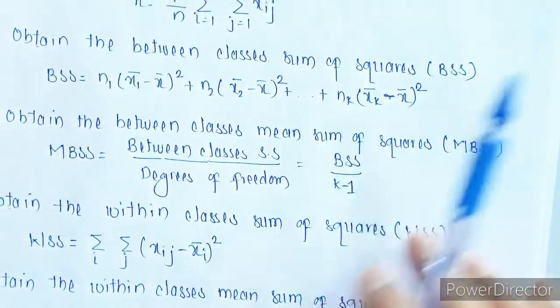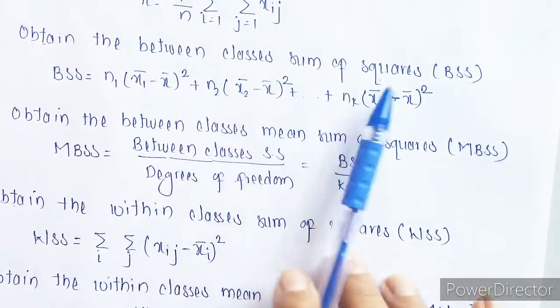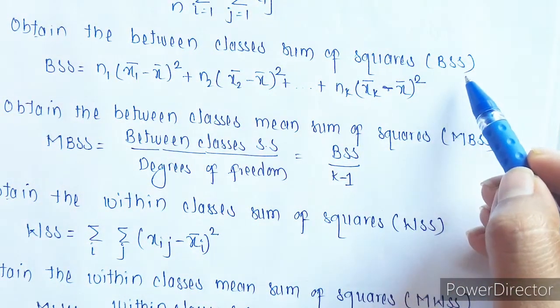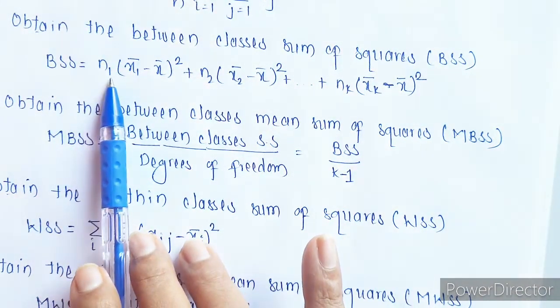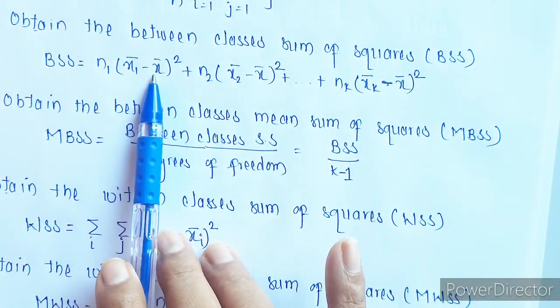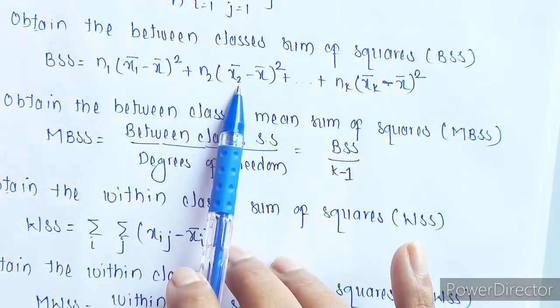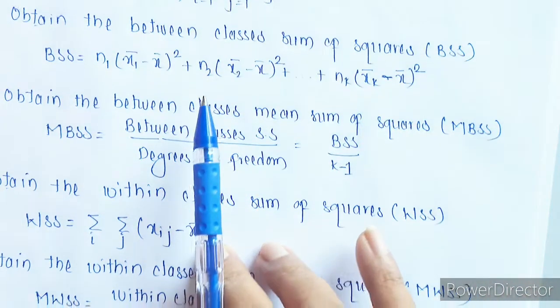Then third step, we need to obtain the between classes sum of squares. It is denoted by BSS, between classes sum of squares, and it is given as n1 into (x1 bar minus x bar) squared. So this will be for the first class, then x2 bar minus x bar, and so on.